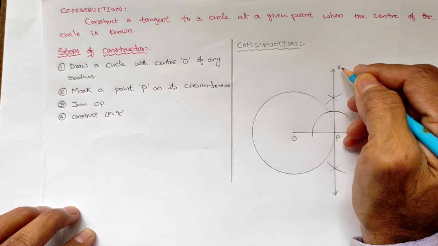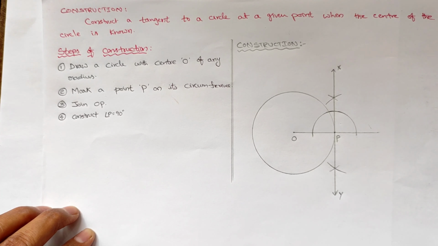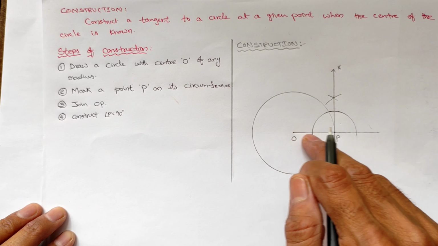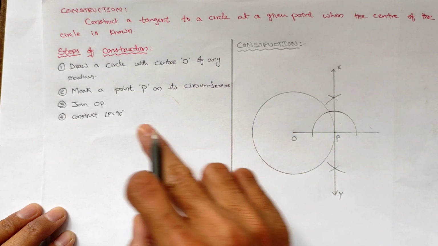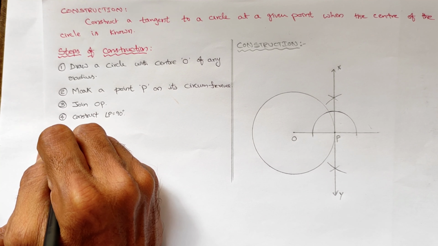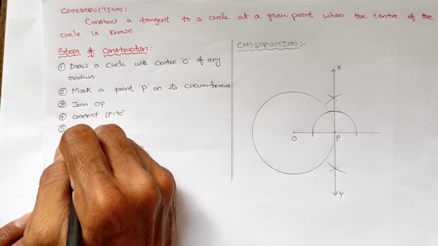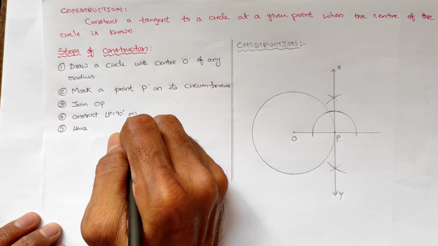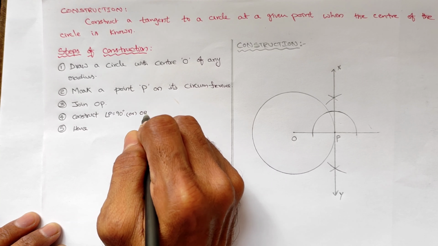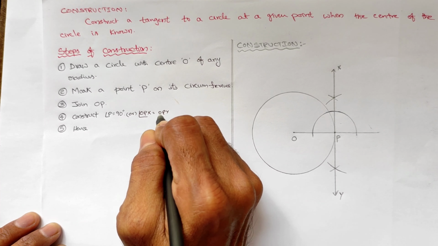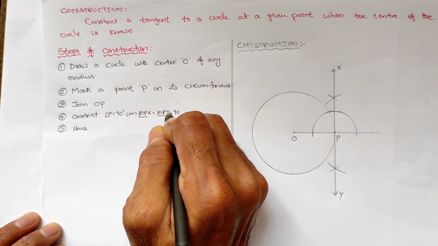So let us name it XY. Here we can write the remaining steps now. Construct angle P equal to 90 degrees, or we can write angle OPX or OPY equal to 90 degrees. Anyway, that is correct only. So hence XPY, here you can write that angle OPX or OPY is equal to 90 degrees.